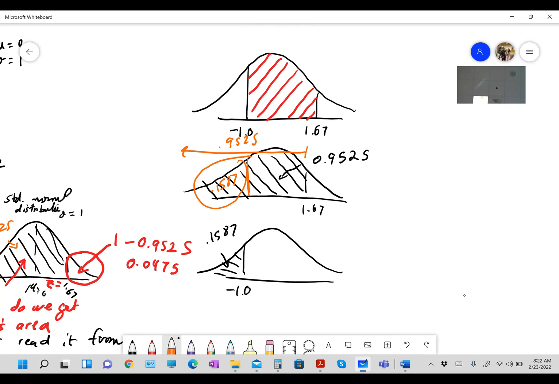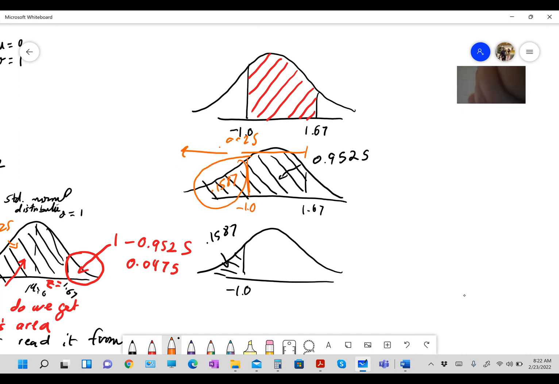Do you agree that that little tail there, here at negative 1.0, if I chopped it off, you'll be left with the middle? You see it? Yes or no? So what are you supposed to do when you want to find the area of the middle one?